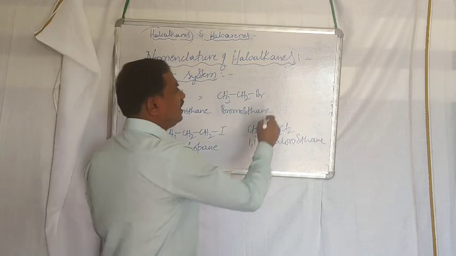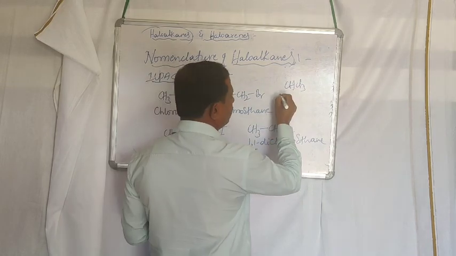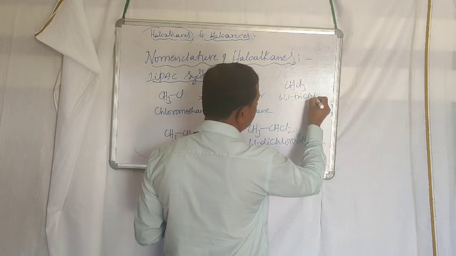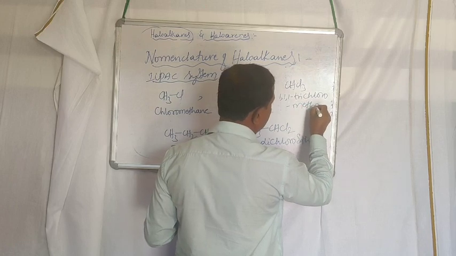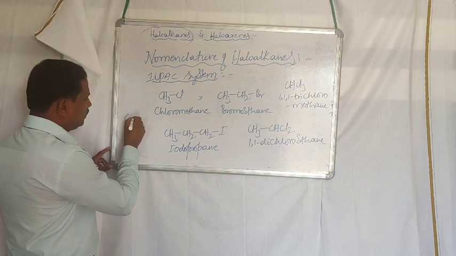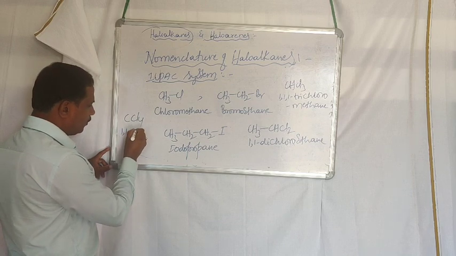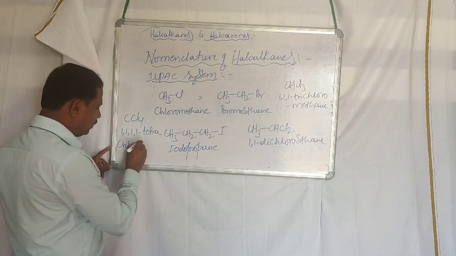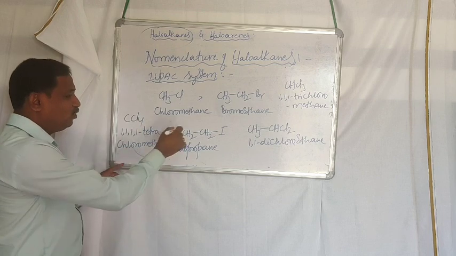You take another, CHCl3, 1,1,1-trichloromethane. These are IUPAC names. You take another example, CCl4, carbon tetrachloride, that is tetrachloromethane. These are all the IUPAC names.